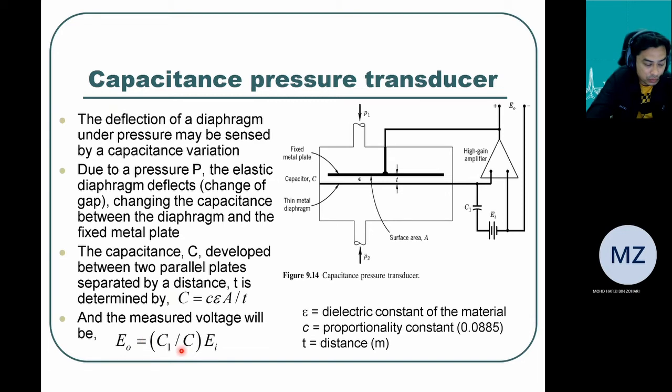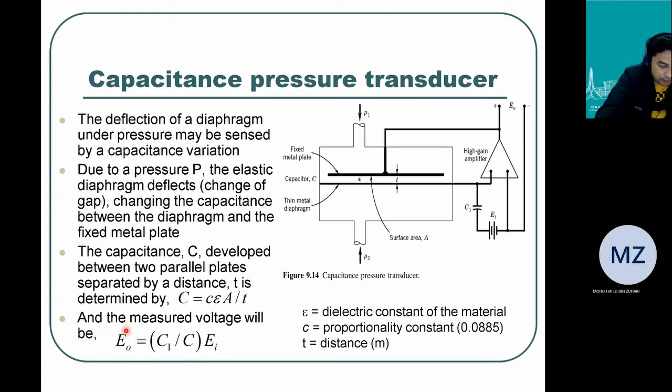So if you look at this equation, if we have a large value for C1, it can also increase. If you look here, if C is increased due to the increase of the strain, what happens is E is reduced.